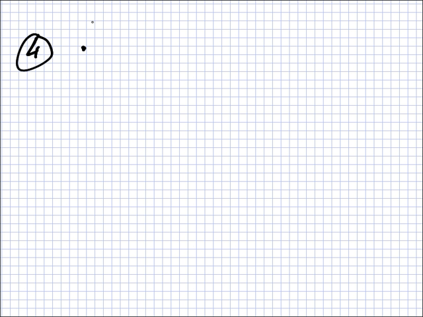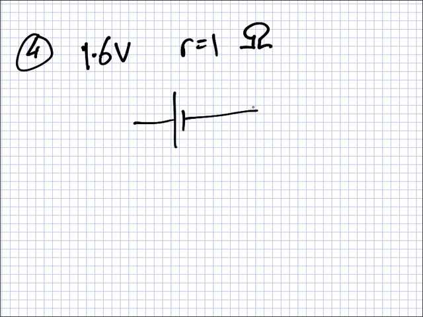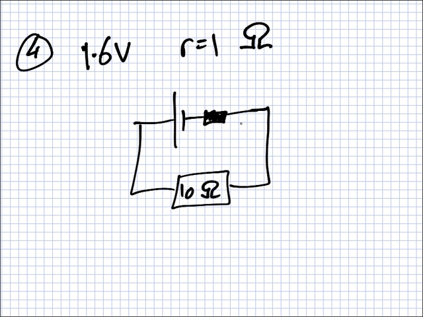Right, what's next now? Part B. For a particular application, the cell is chosen with the following characteristics: EMF 1.6 volts, internal resistance 1 ohm. The cell is connected to a resistor of 10 ohms. Okay.